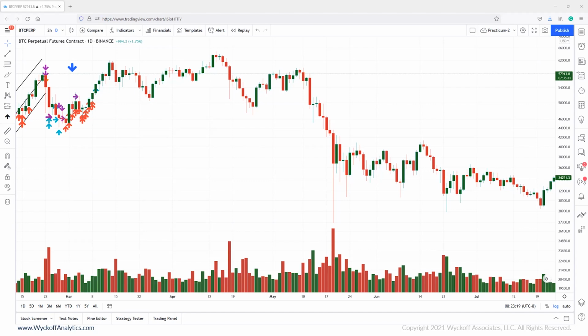Well, guys, we've just discussed where the buyers came in at the support level of the selling climax, then at the secondary test, at the spring, at the test itself. And buyers are somewhat exhausted, even though they've been buying aggressively. But going into this area right here, they're not buying too much.